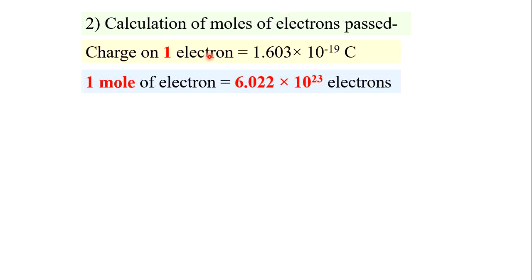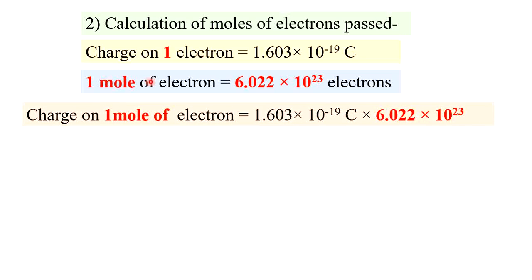Therefore, the charge on 1 mole of electrons, that means 6.022 into 10 raised to 23 electrons, you can calculate. The charge on 1 electron, 1.603 into 10 raised to minus 19 coulombs, into the number of particles in 1 mole, 6.022 into 10 raised to 23 electrons.